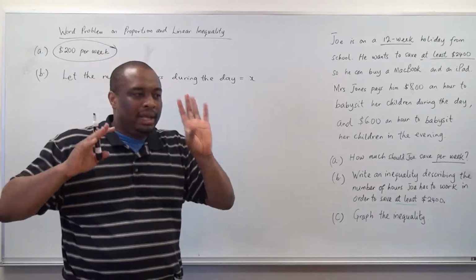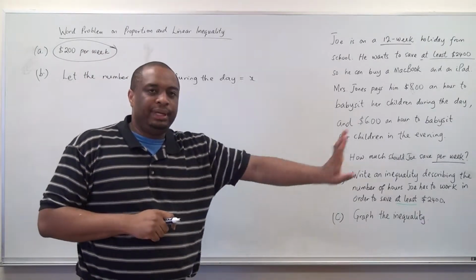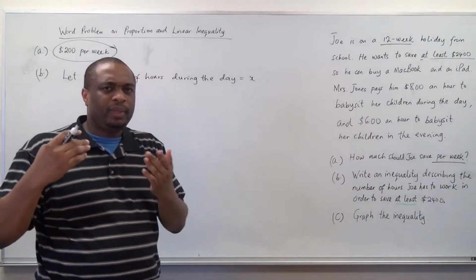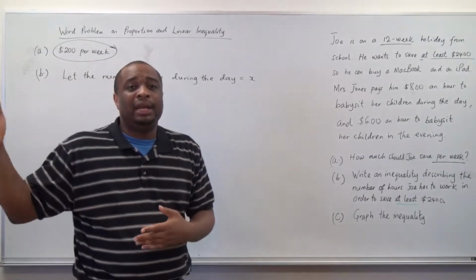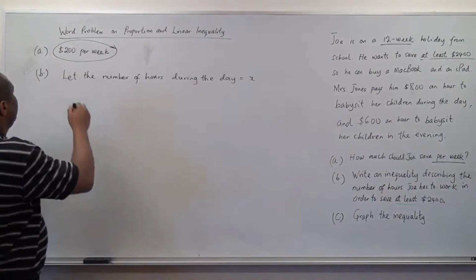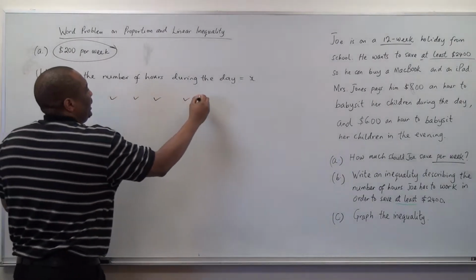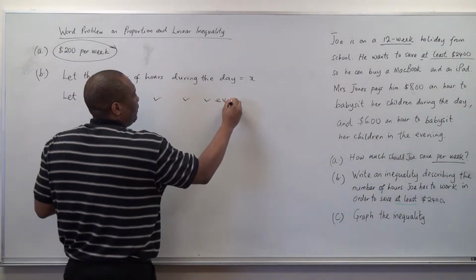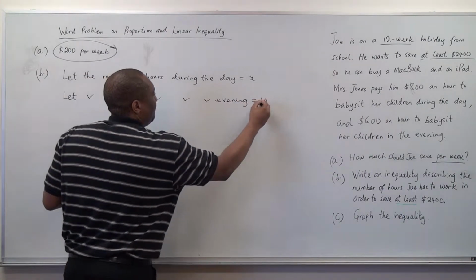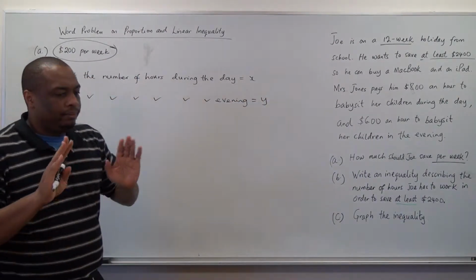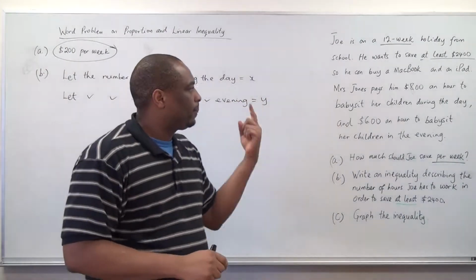So let's call the hours during the day X. And the hours during the evening, let's call it Y. So we say let the number of hours during the evening be Y.